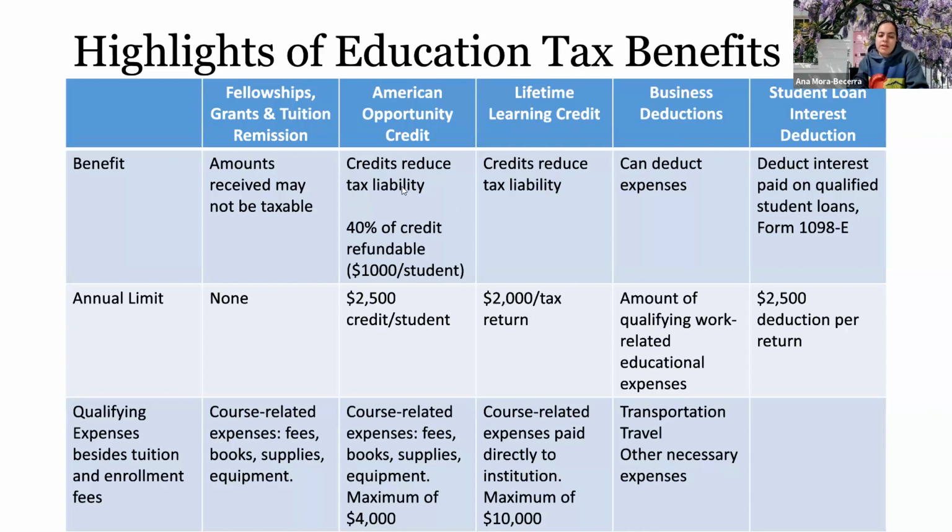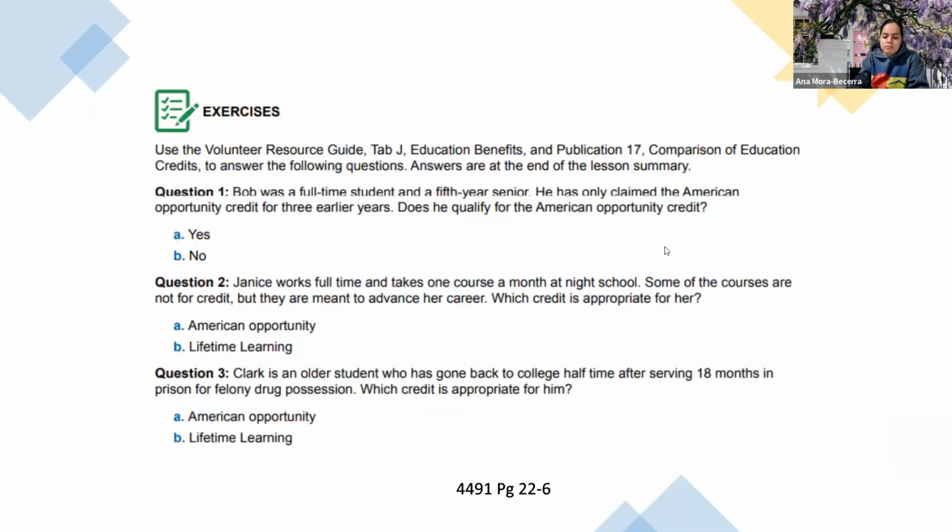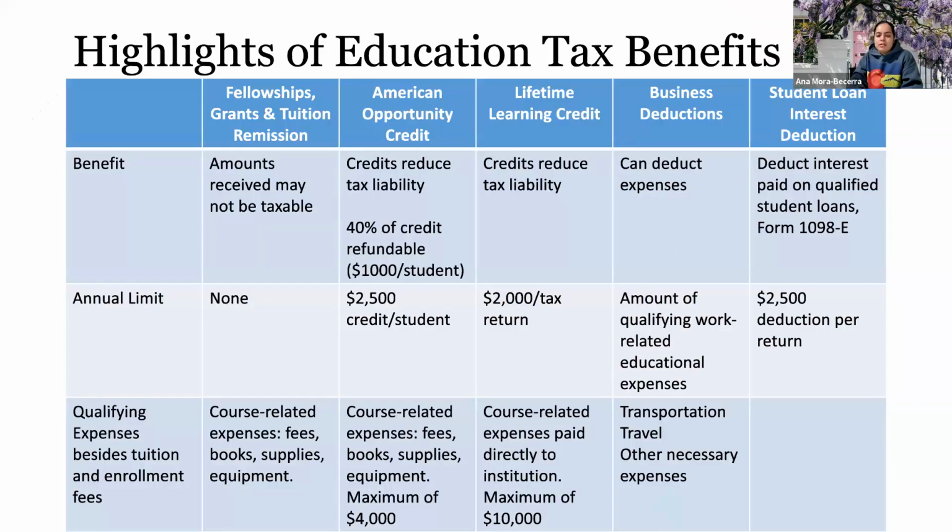If they already graduated with their undergraduate degree, then the American Opportunity Credit wouldn't be allowed, so you would see what other one they can apply to. Then it's trying to play with the numbers to see which one provides the best benefit for the taxpayer, because sometimes it's not black and white. But the best one is usually the American Opportunity Credit because it has both the refundable and non-refundable pieces to it.